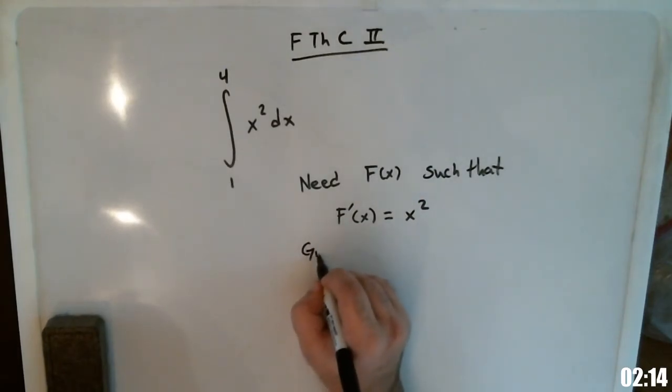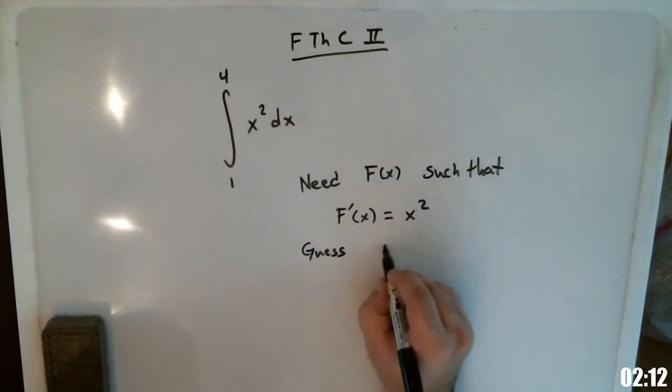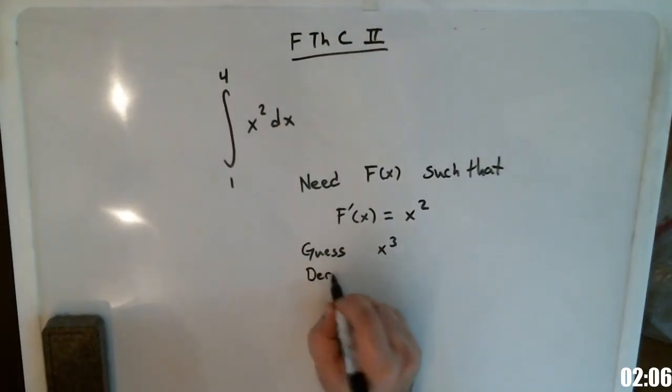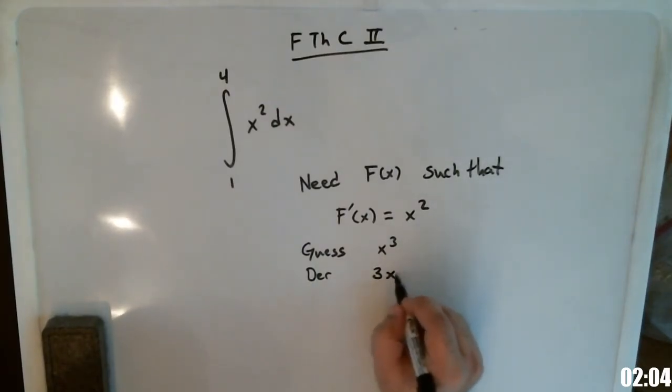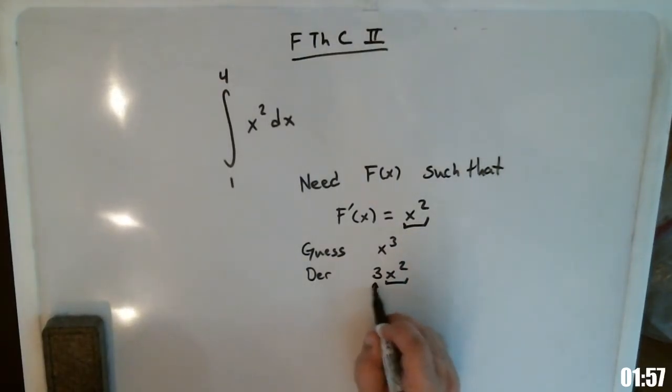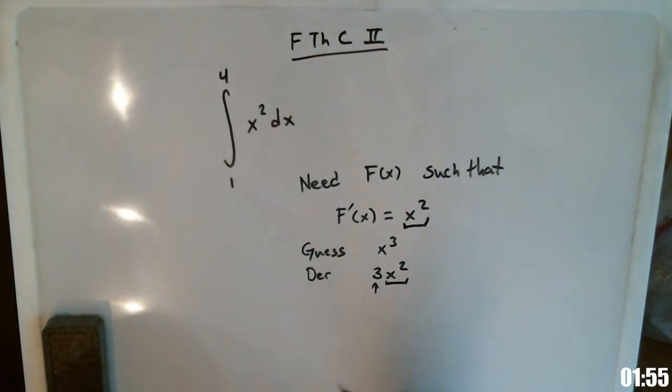Let's start with a guess of x cubed. Why would I guess that? Because the derivative of x cubed is 3x squared. I've got an x squared, but there's an extra 3. How would I get rid of that 3? By dividing by it.